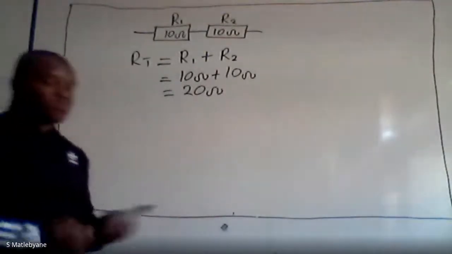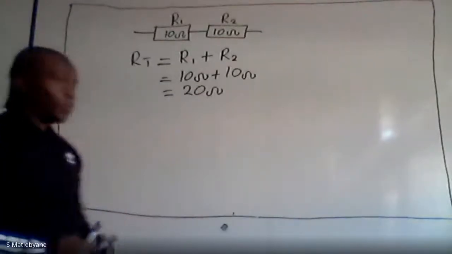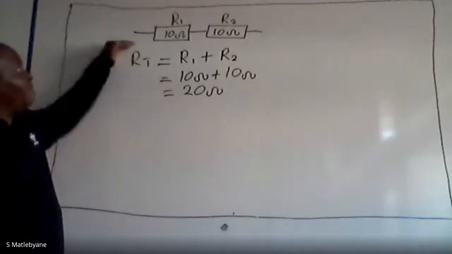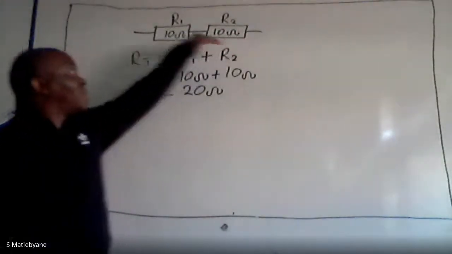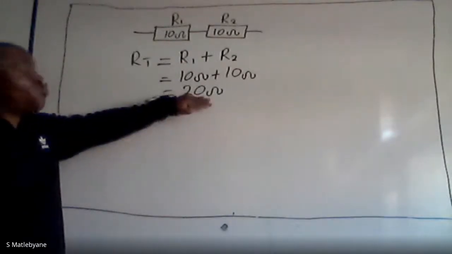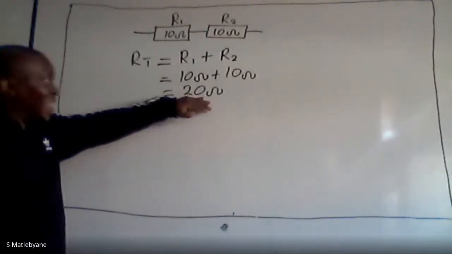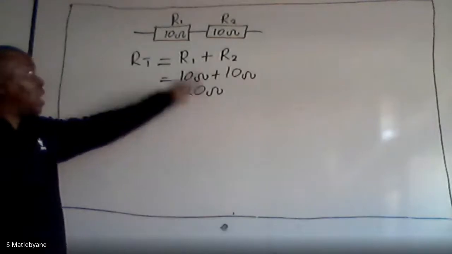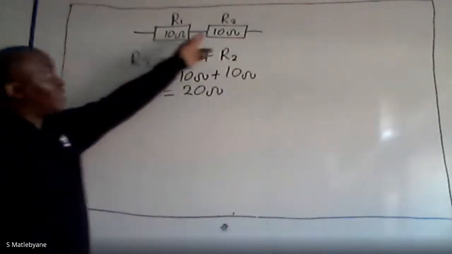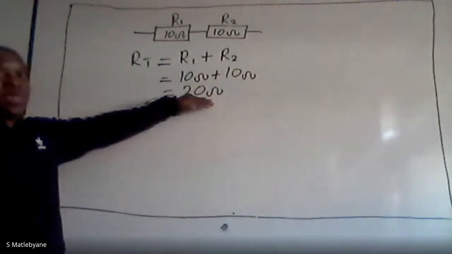If you go back to the slide, which I will post for you later, it says the effect of resistors or resistance in series, when they are connected in series, is to add the resistance in a circuit. And you can see we can prove that with a calculation. You add the two and you can see they are both 10.